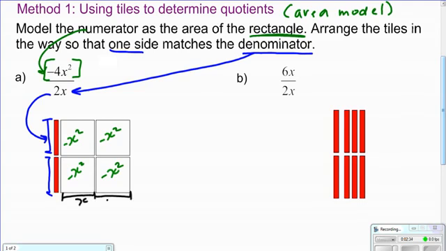So we have a length of x and a length of x. Now, we have to think of our sign rules a little bit, and so if we have negative divided by a positive, we are going to get negative and negative. So negative 4x squared divided by 2x is negative 2x.